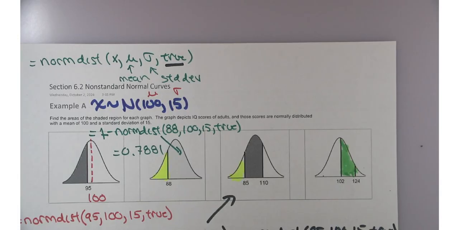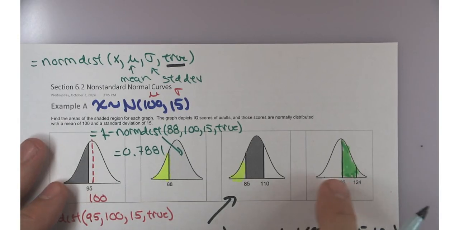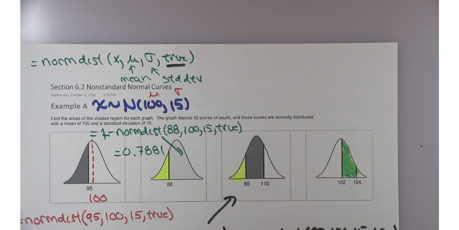So a lot like the last one, we're going to take the area to the left of 124, subtract the area to the left of 122, and let's see what that one's going to look like.